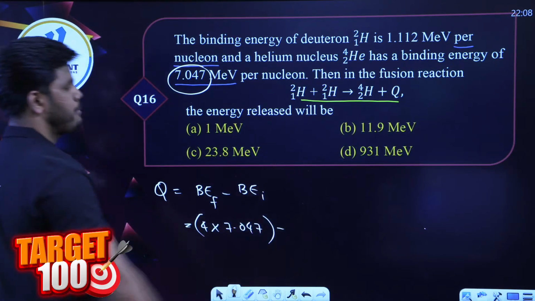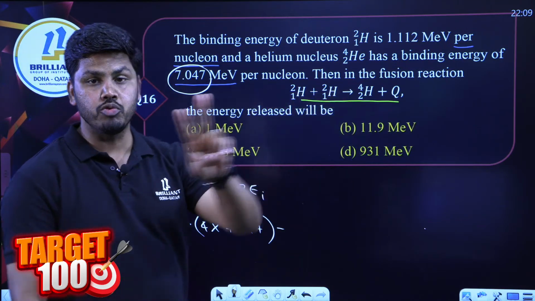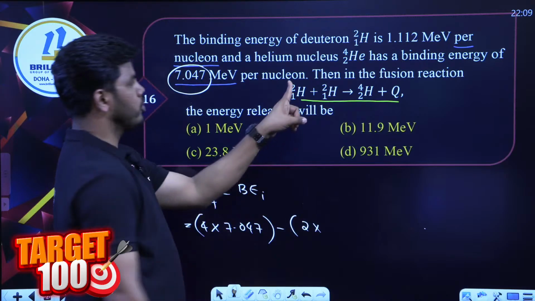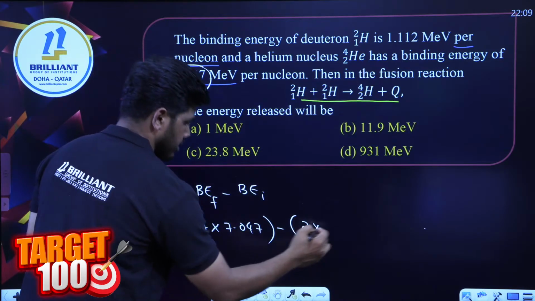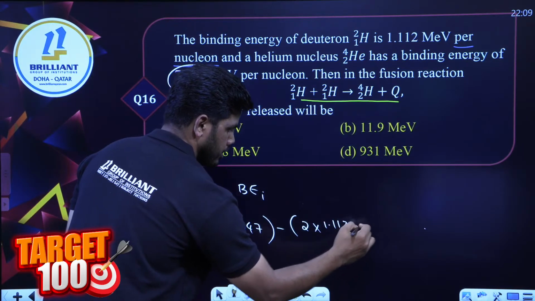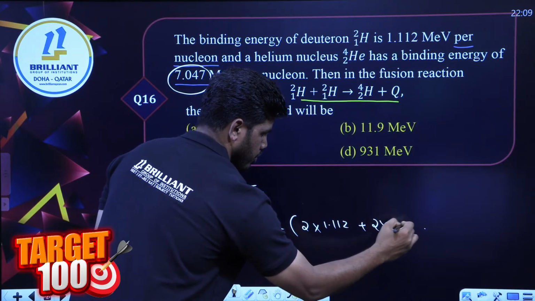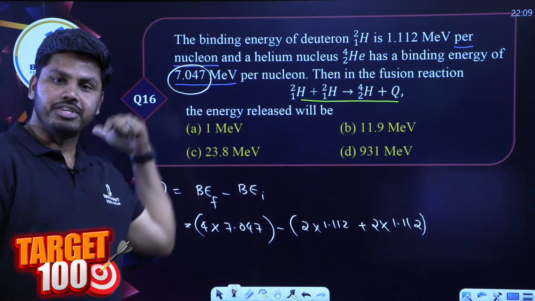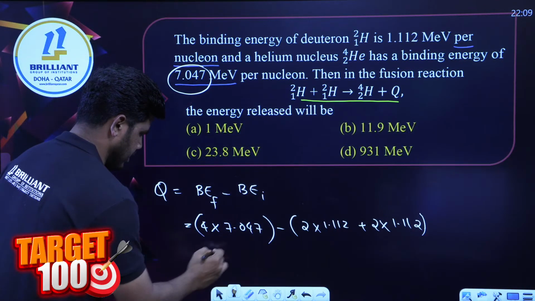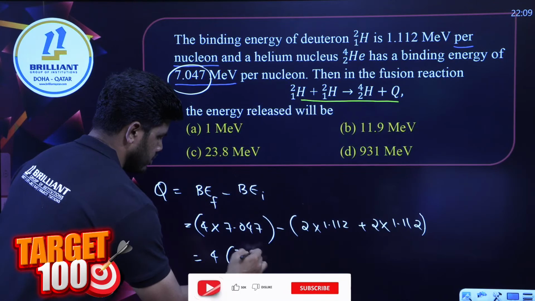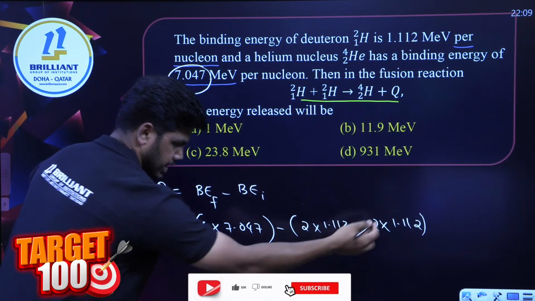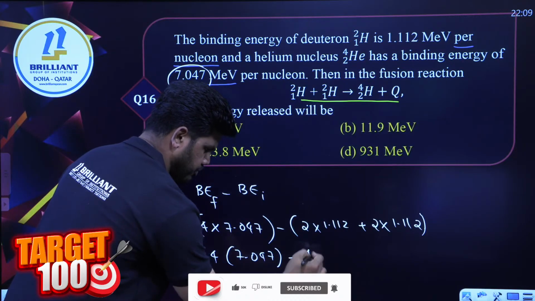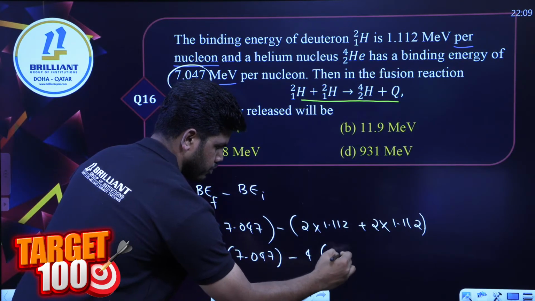Minus binding energy initial: we have 2 deuterons, so 2 nucleons into 1.112 plus 2 into 1.112. That is the total binding energy initial. So 4 into 7.047 minus, 2 plus 2 is 4 into 1.112.